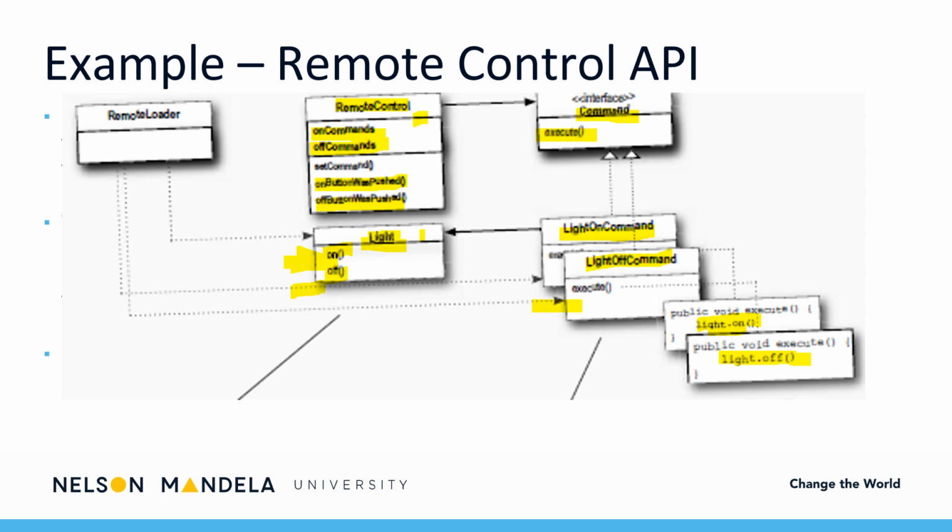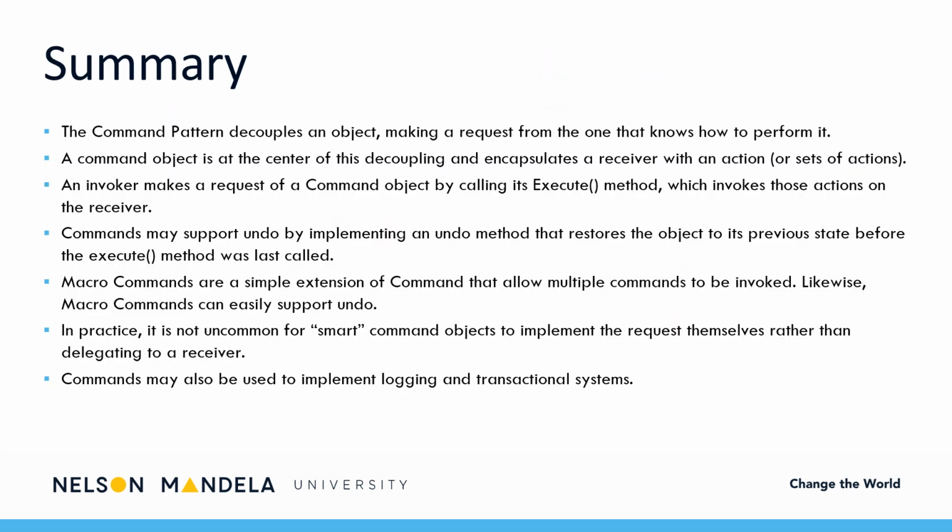If your initial action is just to turn the light on, and you want to undo that, you can turn the light off. And if you want to execute again, you can just turn this one on. And if you want to undo that, you can just call this method, which is going to be the opposite of that method.